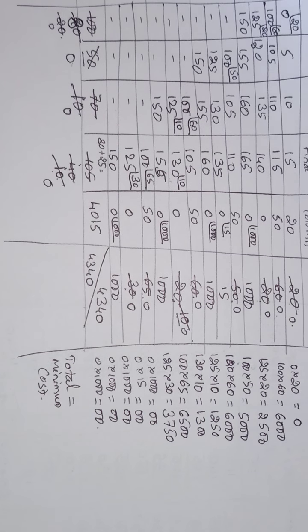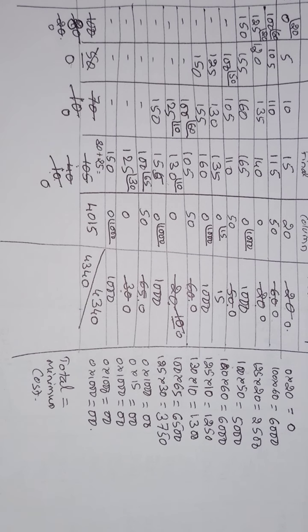So here by adding this 6000 plus 2500 plus the rest, you should add all these things, right?